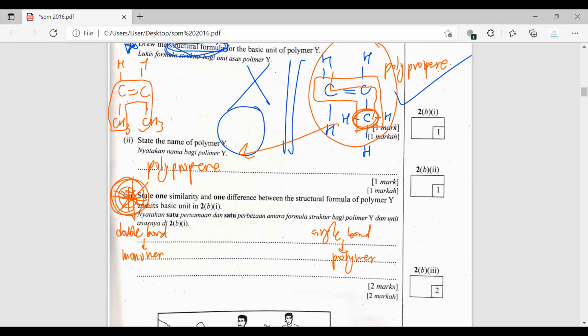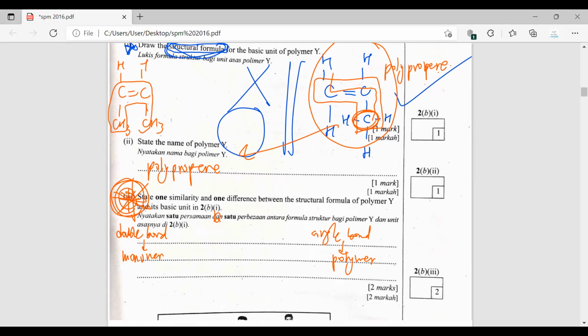Okay, this is my differences. How about my similarity? Think about the similarity. Can you see that both of them have what? It's so obvious, you can see. Polypropylene and my monomer here. What do both of them have?